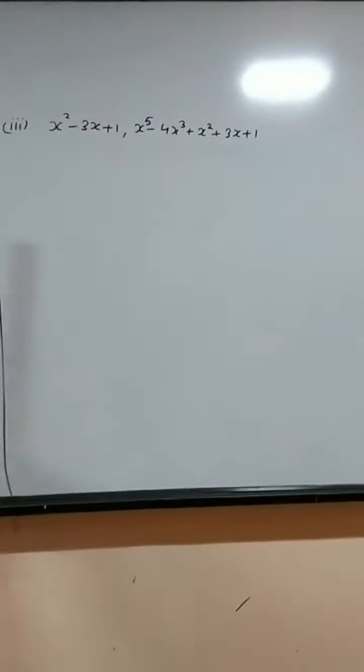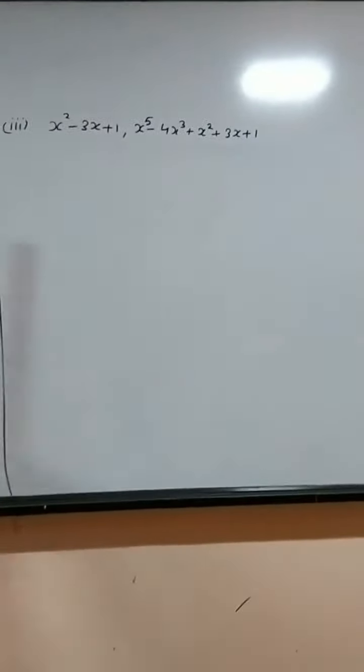Now put the second value, p(1): 2 into 1 cube plus 1 square, 2 into 1 cube is 2, plus 1, 3, minus 5, plus 2, 0.